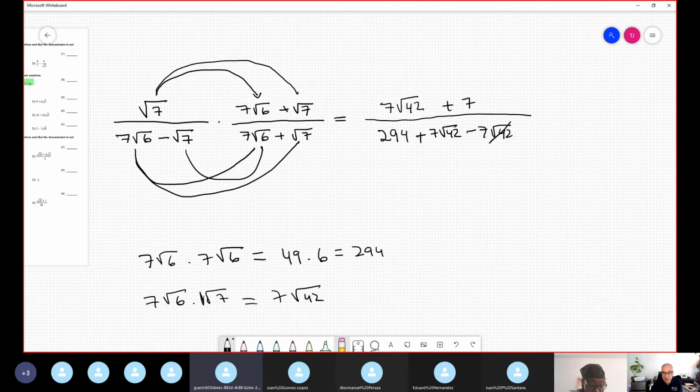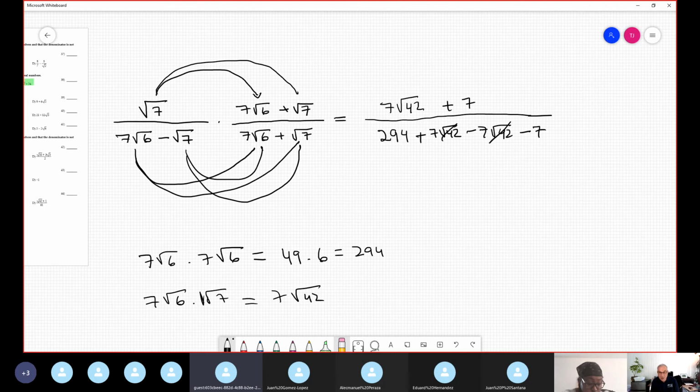This is the reason that this cancels out, and this is the process of rationalization. And finally, minus 7. Because radical 7 times radical 7 is 7, and negative and positive together is negative.